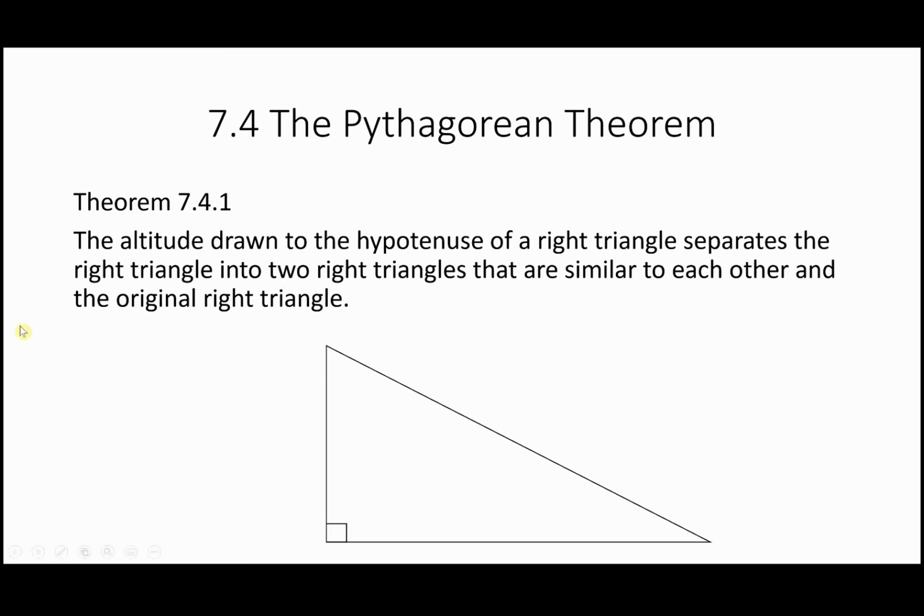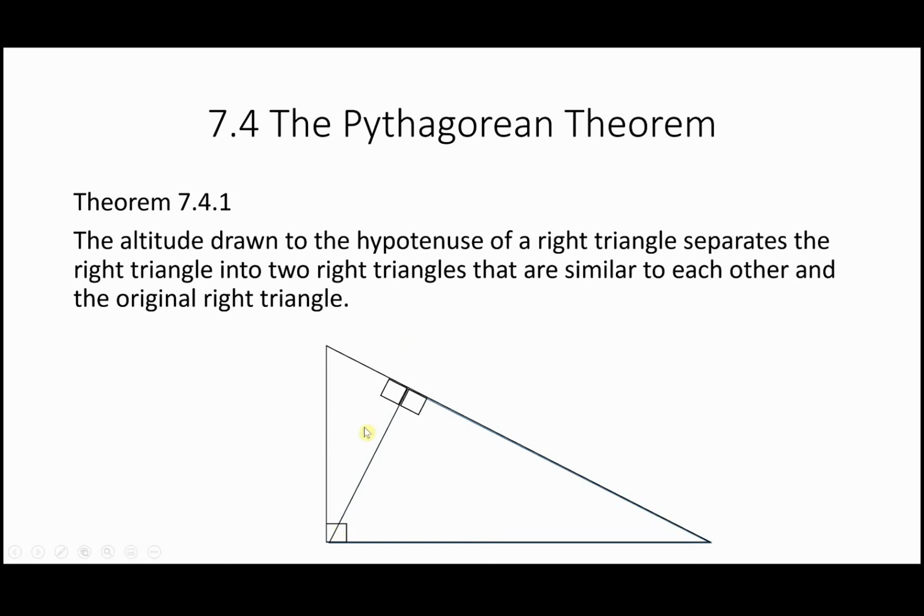It needs to start from the right angle, this vertex right here, and it needs to hit the hypotenuse, which is this longest side here, in such a way that it forms a right angle. It needs to be perpendicular, like so. Okay, so here is the altitude, this extra line that just got incorporated. And we know it's an altitude because it hits the hypotenuse perpendicularly, and therefore right angles are formed. So here are all the possible right angles that are happening here.